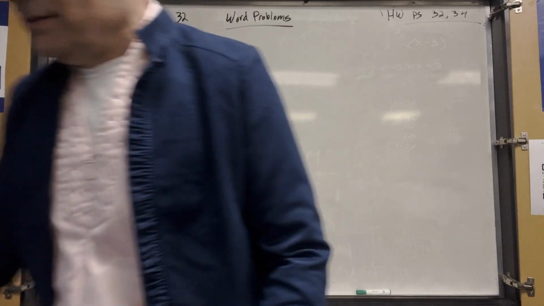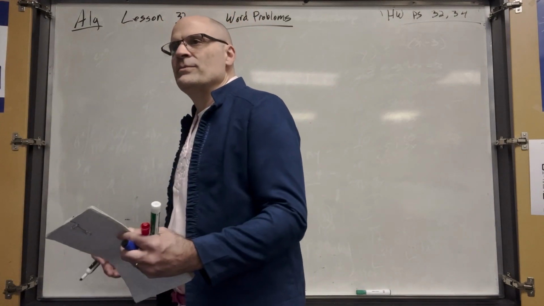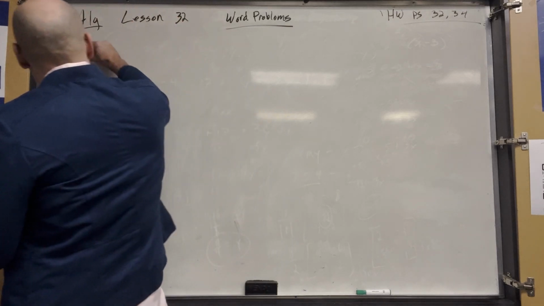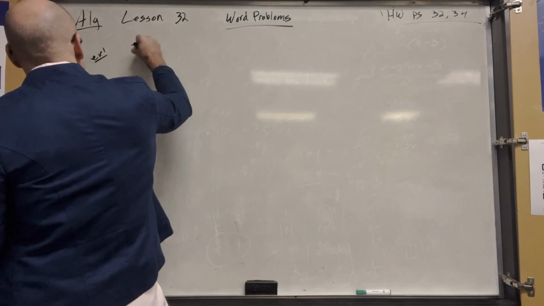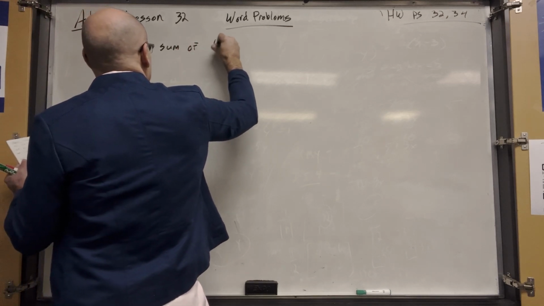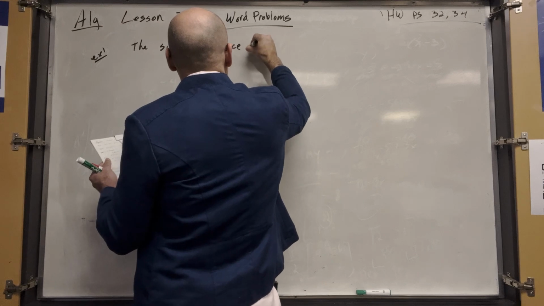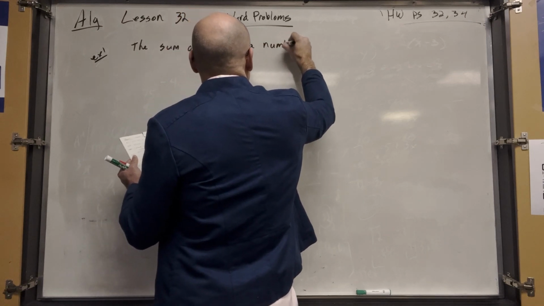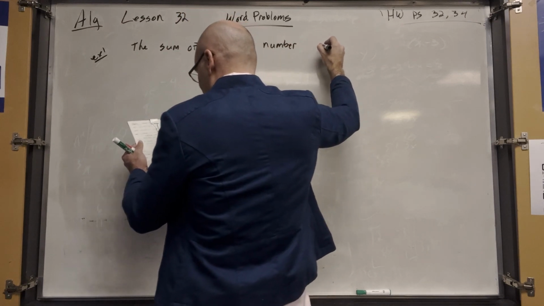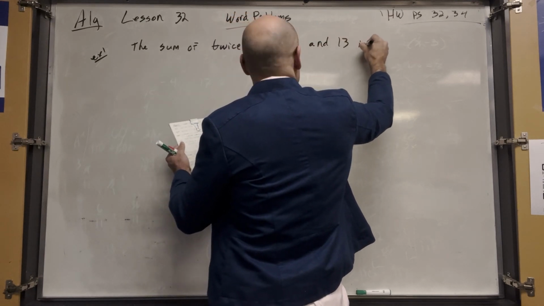Okay? So we're going to translate this into algebra, and then we're going to solve it. Here's example 1. The sum, what's sum mean? Yep, adding two things, twice a number. How do you say twice a number in algebra? 2n, that's right. And 13 is 75.